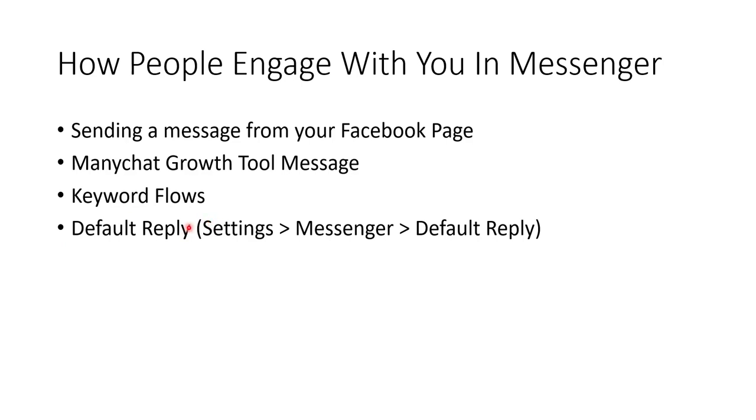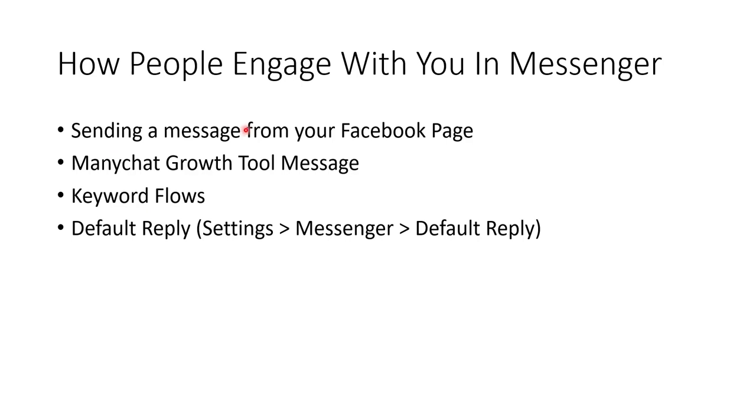And usually that default reply is, why don't you contact us? And we'll be happy to talk to you about it. Okay, it takes them out of the automated bots and into either telephone calls, emails, or interacting directly on Facebook Messenger.